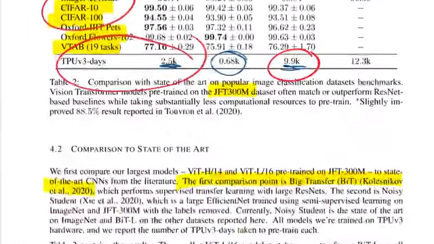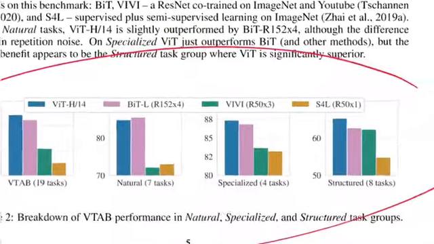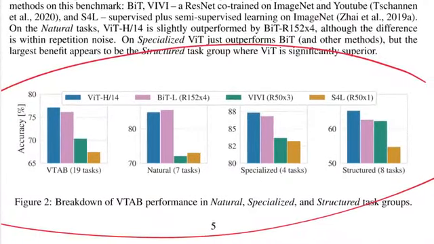Don't worry about it. Okay. They also test on this visual task adaptation benchmark, and you can see that specifically in these natural images subclass, both of these models make gains, but then overall the vision transformer outperforms the convnets.